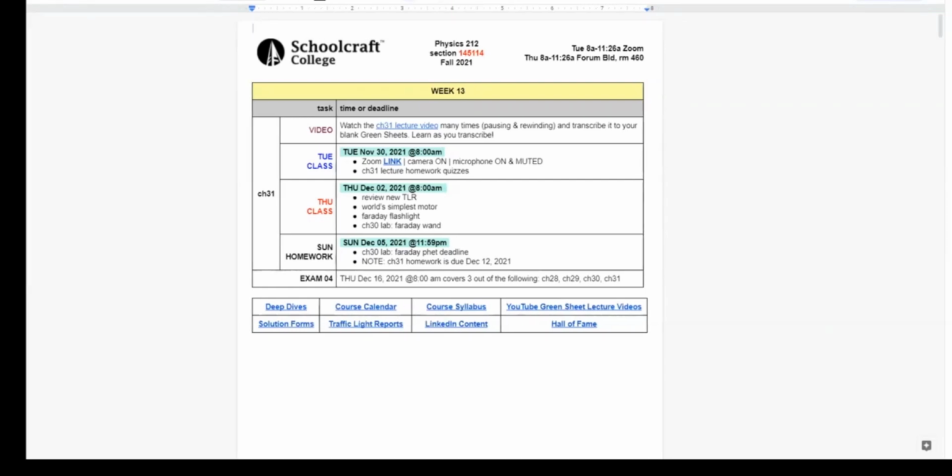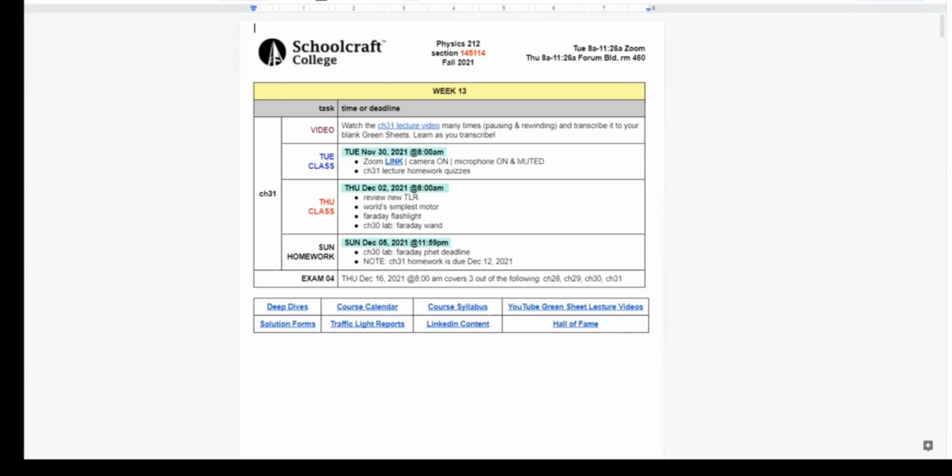Chapter 31 is probably the heaviest lift in Physics 212, although if you survive to this point, you're good with any chapter because you've gotten into the discipline groove.